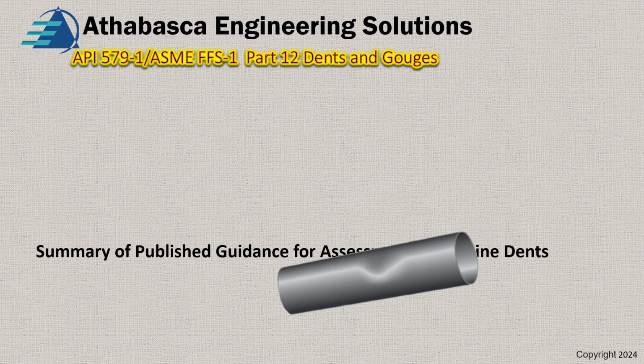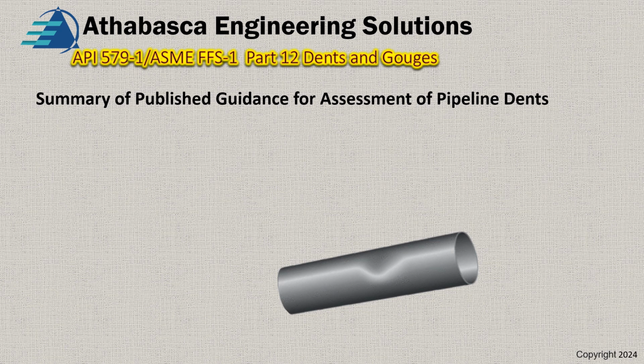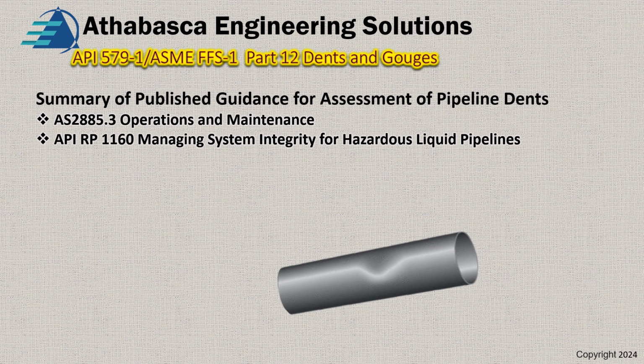Let's look at some of the standards associated with pipelines that provide some guidance about dents. There's quite a lot of guidance. For example, the Australians have AS 2885.3, operations and maintenance, where they discuss dents. There's also advice in API RP 1160, managing system integrity for hazardous liquid pipelines, and we'll get into more details of that in this chapter as an example.